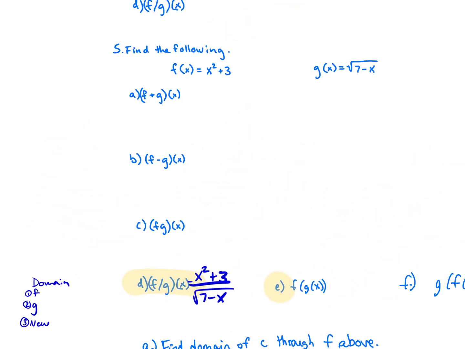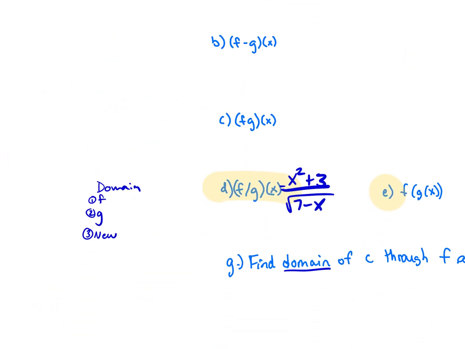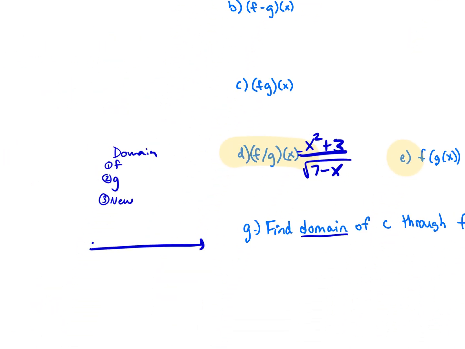So let's go back to f and g. What is our domain for f? All real numbers, from negative infinity to positive infinity. There's no square roots here, there's no fractions, it's just all real numbers. So if I put that on a number line, it'd be all real numbers, the whole thing.